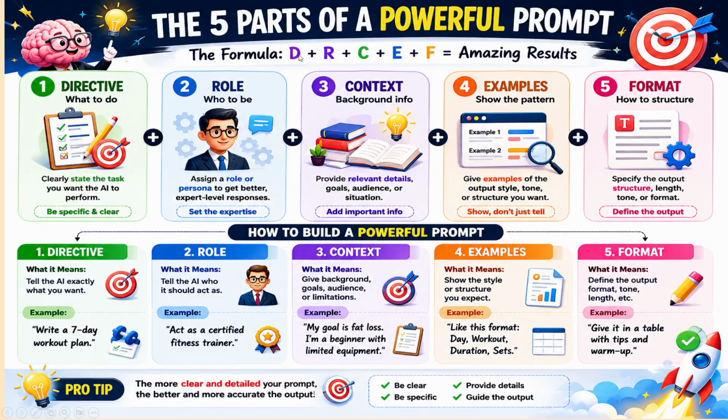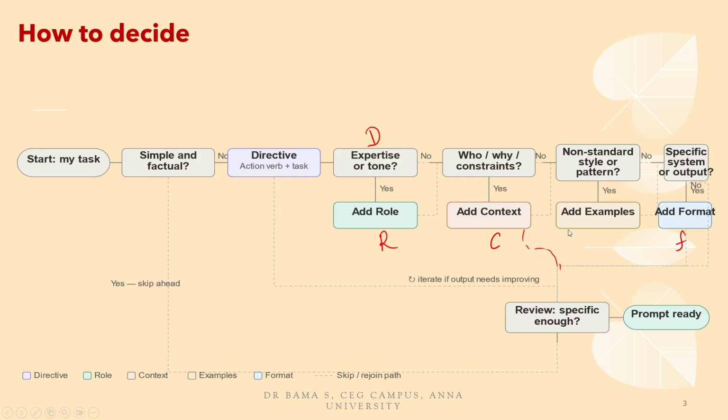So, having the 5 components, directive, role, context, example, and format, this is the example format where we can give 1, 2 or many examples, and then the formatting structure, whether it is JSON or bullet points or some kind of pattern in terms of examples. Along with this we can give the prompt.